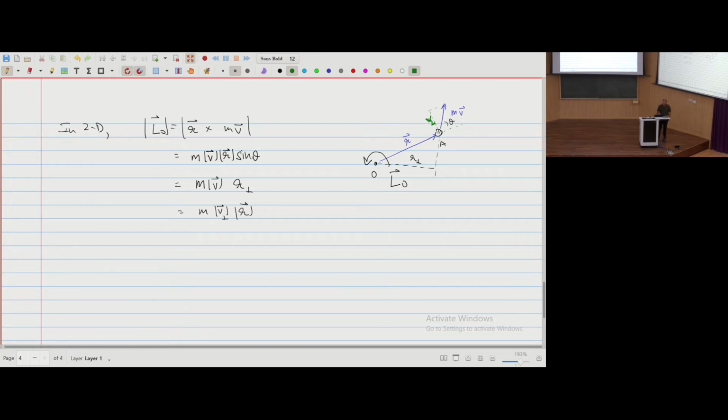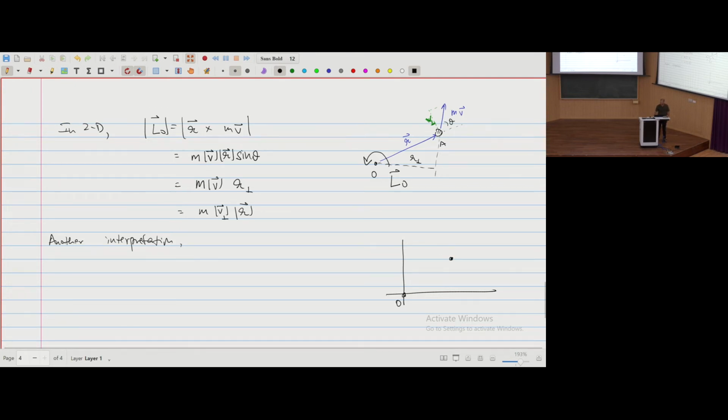Another way to interpret this is to split the momentum into its components.